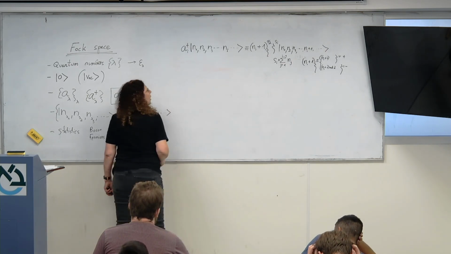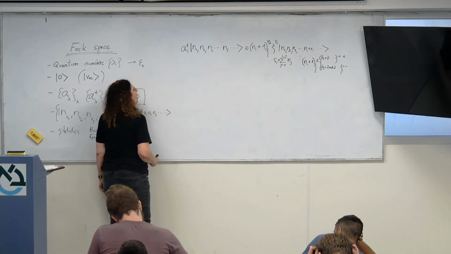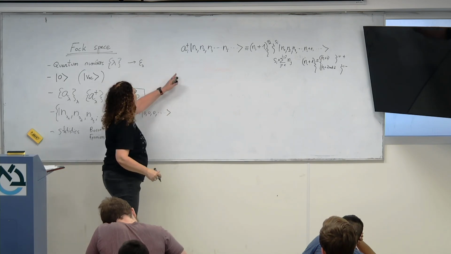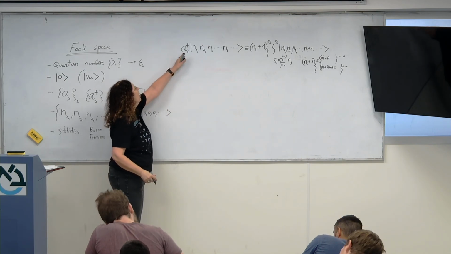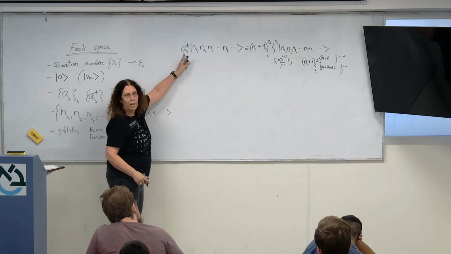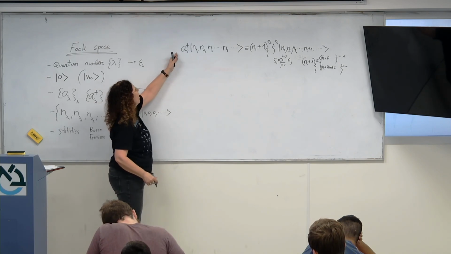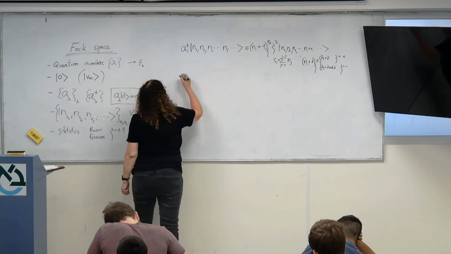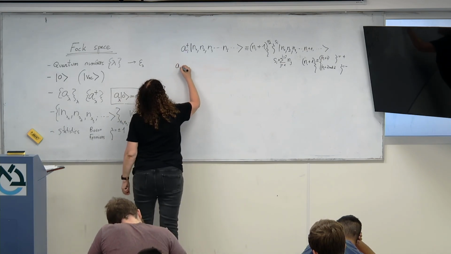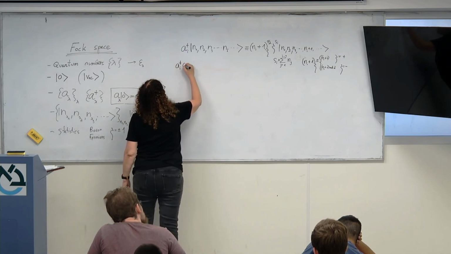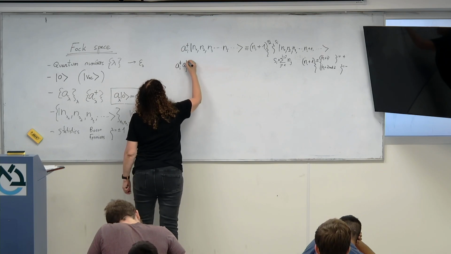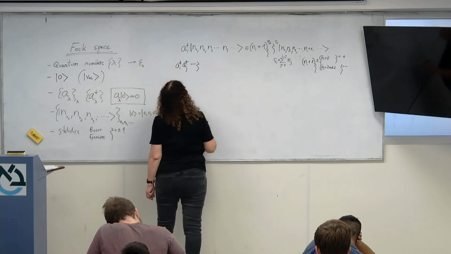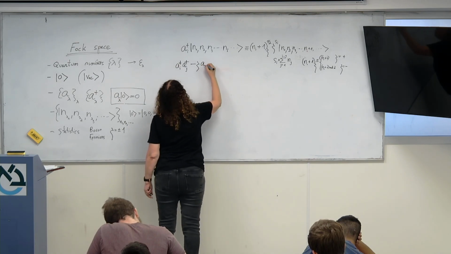And from this, what we got is, if we apply a_i dagger, and after that a_j dagger, it's related to the exchanged order by a factor of zeta.